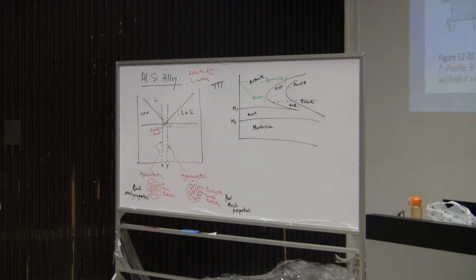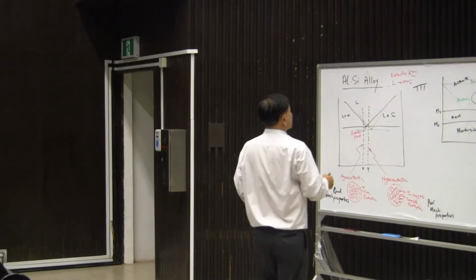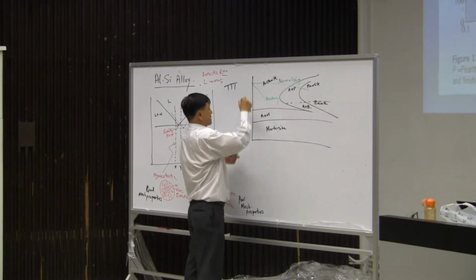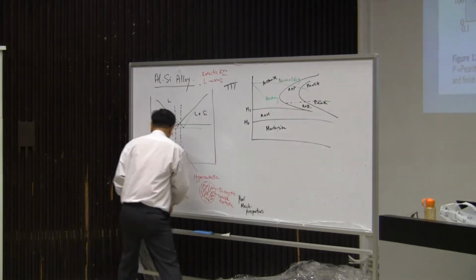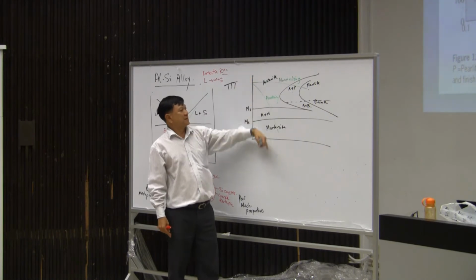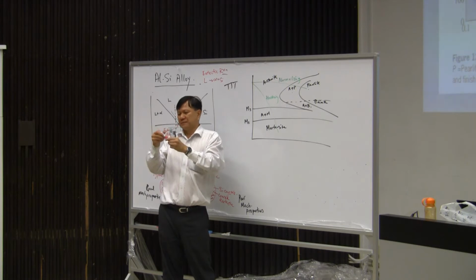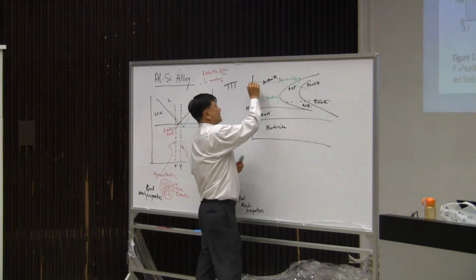No? Okay? It will show you that you cannot use a very slow cooling rate. If I use a slow cooling rate, okay, I will get what? Pearlite. Very fast, you will be hardening. Now, what if your cooling rate is not fast enough?